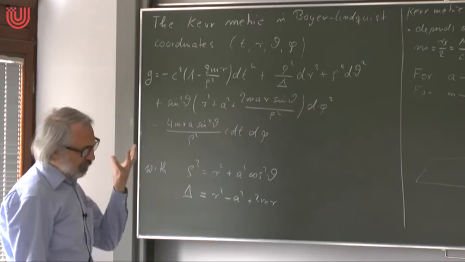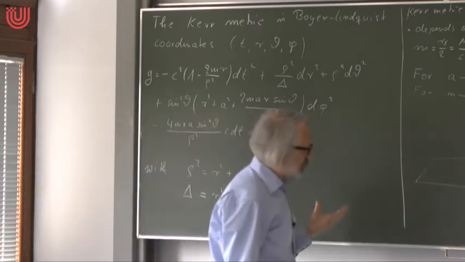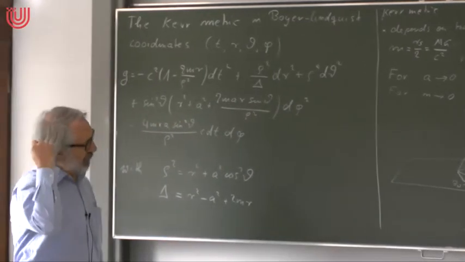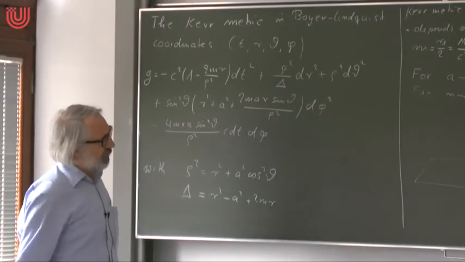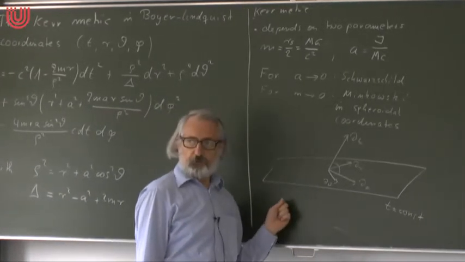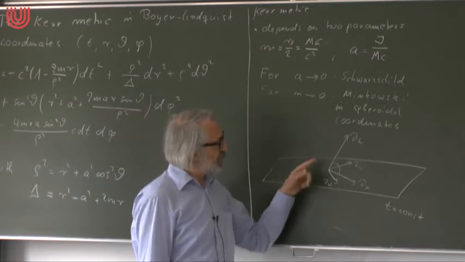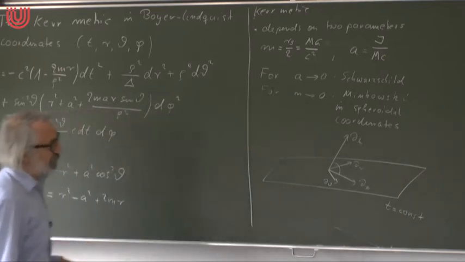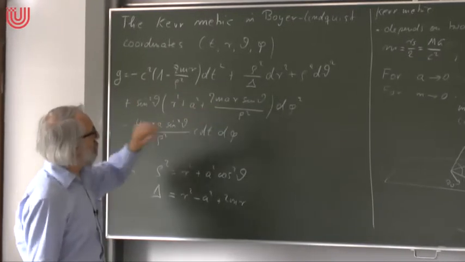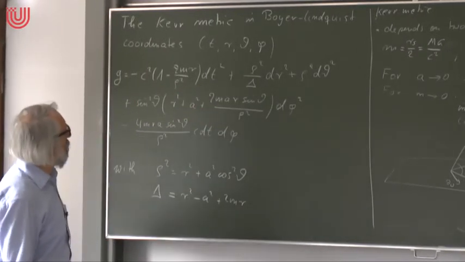But if you have a rotating object, then you are forced to do so. You must have these terms. Okay, and we distinguish this by saying that this space-time is not static, it is stationary. Yeah? If the vector field d by dt would be perpendicular to the surfaces t equal constant, then we would say the space-time is static. Yeah, the coefficients do not depend on t, so we have a symmetry in the time direction.